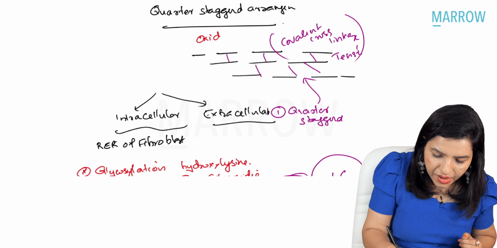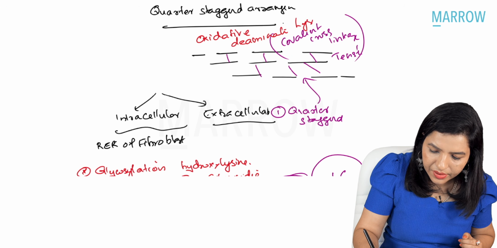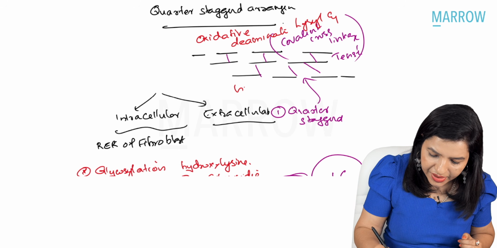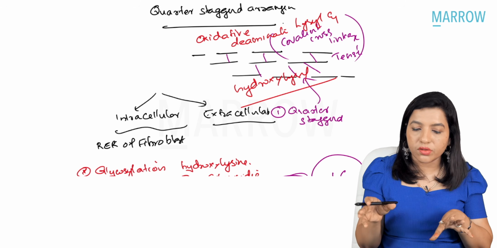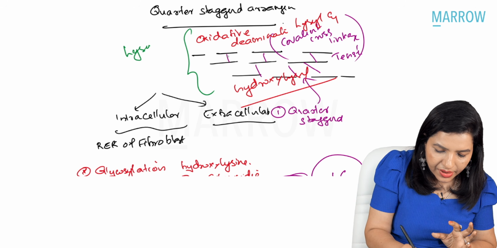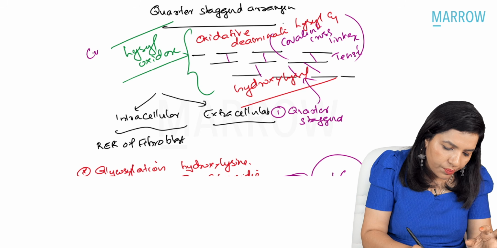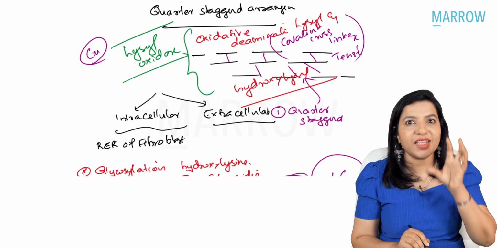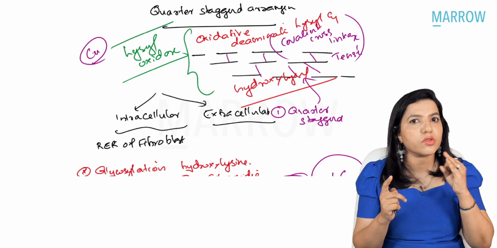It is oxidative deamination of lysyl and hydroxylysyl residues. Which is the enzyme? Lysyl oxidase. For lysyl oxidase, which is the very important cofactor? Copper. So copper is also important for the tensile strength of collagen. So copper deficiency and vitamin C deficiency can cause collagen defects.